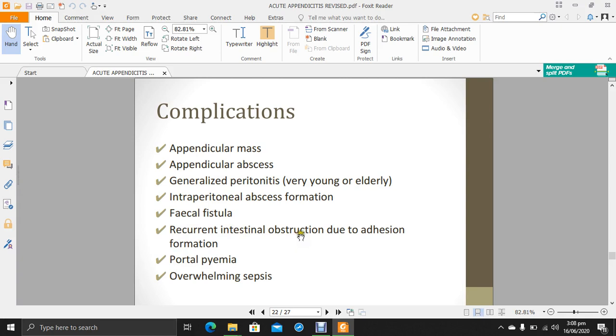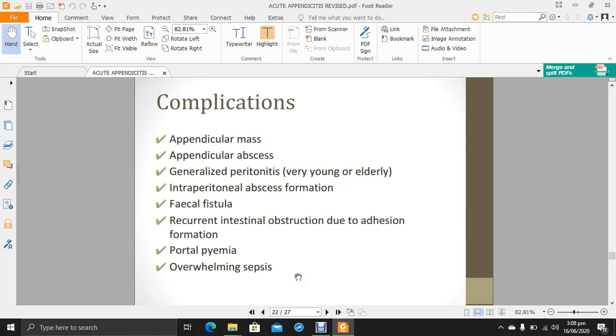Recurrent intestinal obstruction due to adhesion formation, portal pyaemia, when this infected region is drained to the portal vein, and overwhelming sepsis, very critical, severe abscess can occur.